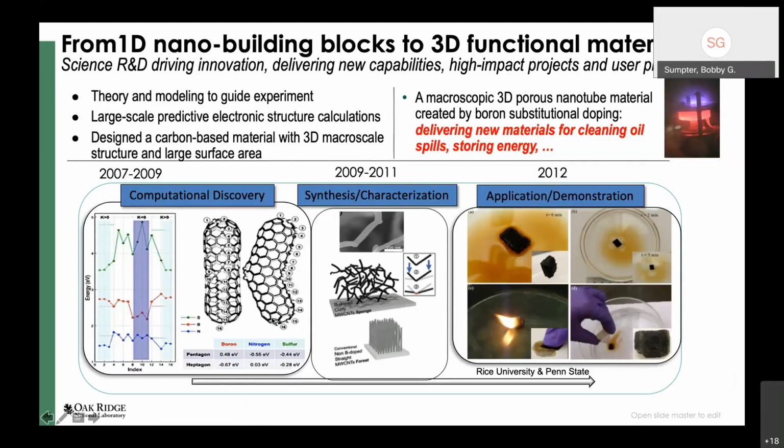And that was pretty exciting, because if you could get this elbow, you could keep growing the tube, and in principle, grow some three-dimensional interconnected monolithic structure. And nobody had seen that before from carbon nanotube growth. But in collaboration with Mauricio Terrones, who's now at Penn State, and Pulickel Ajayan, who's at Rice, we were actually able to realize that experimentally.